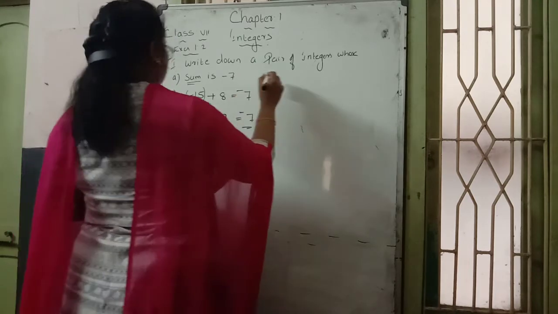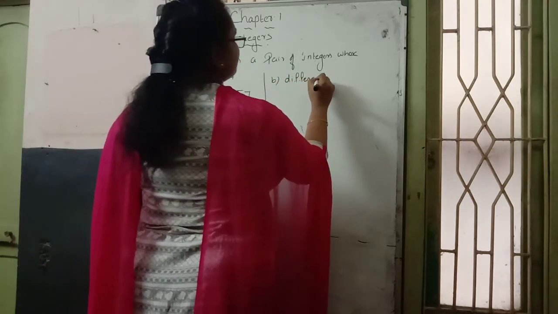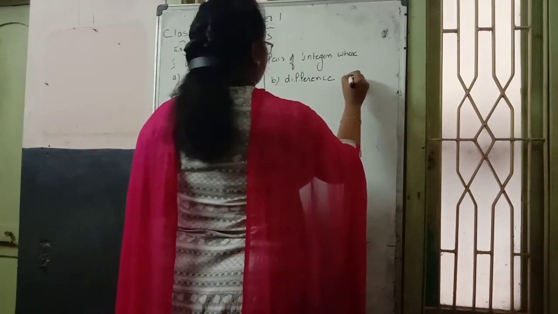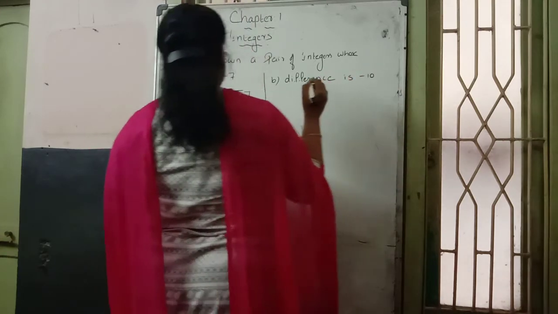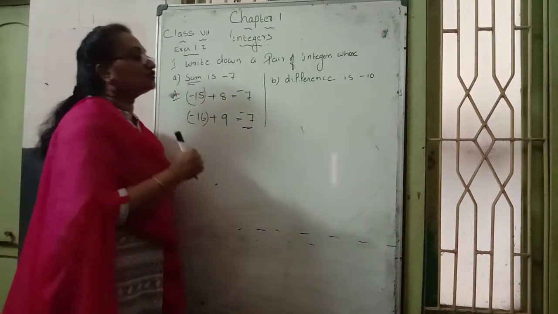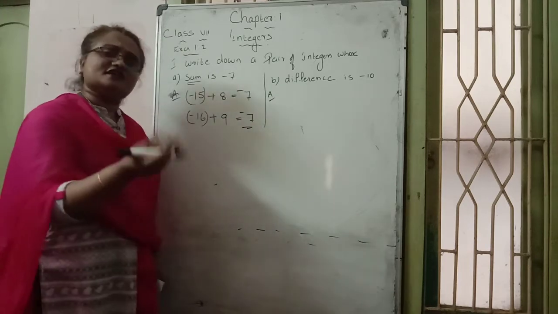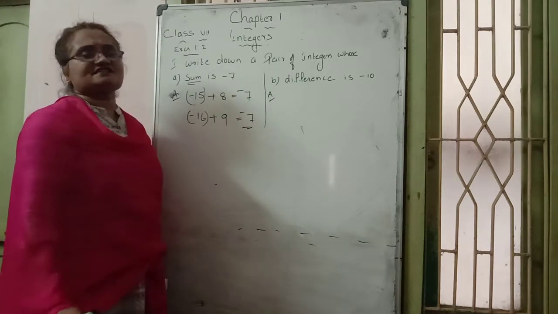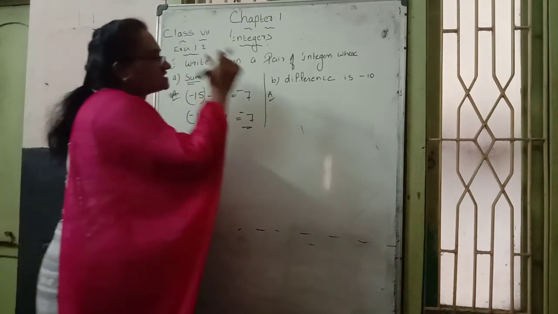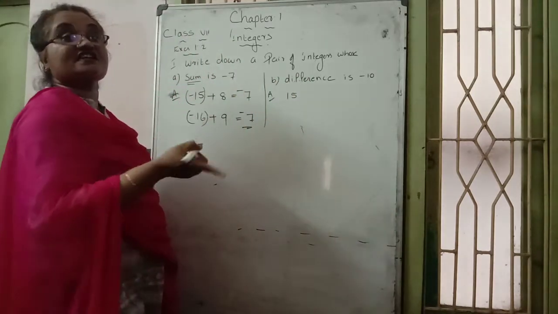One more question. Difference is difference. So B question, the difference we need is minus 10. Minus 10 comes as the difference. We want minus 10. So how to get any two integers? So many pairs are possible. Any one pair they are asking. How can we write? Here see, 15 is a positive integer. Which operation are they asking?